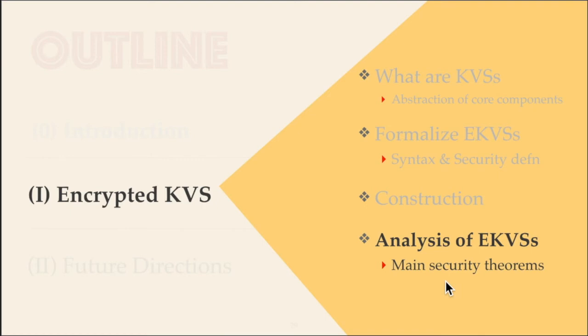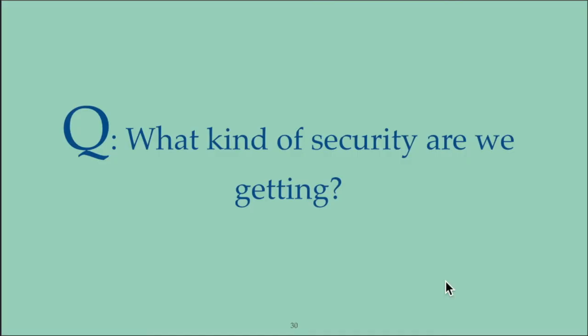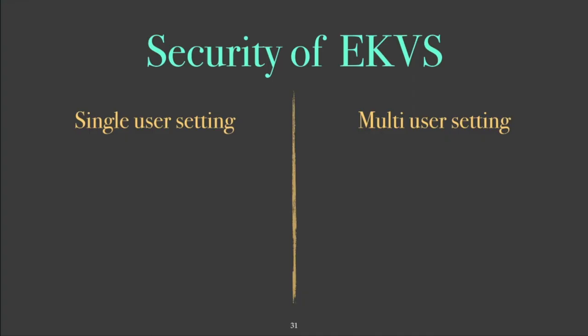So let's look at its analysis now. The question was that now that your data is encrypted, you're not storing plain text label value pairs, but instead you're storing encrypted label value pairs. So what kind of security can you expect out of this scheme? In our work, we consider two different settings, a single user setting and a multi-user setting.